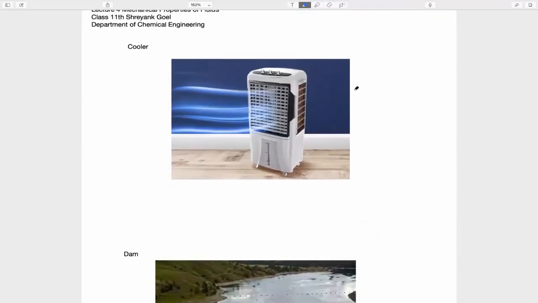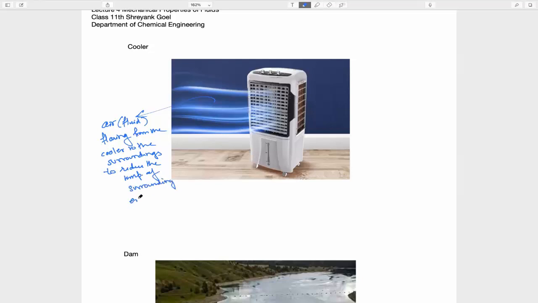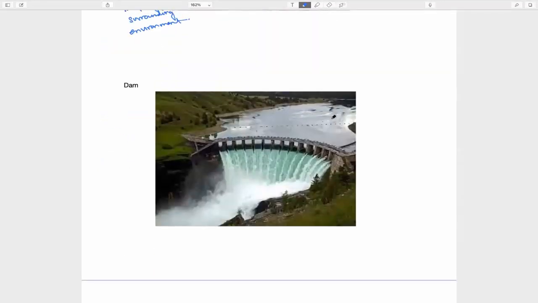So here is the cooler. Air, which is also a fluid, is flowing from the cooler to the surroundings to reduce the temperature of the surrounding environment. Here the fluid is at some height, and this fluid has some potential energy.